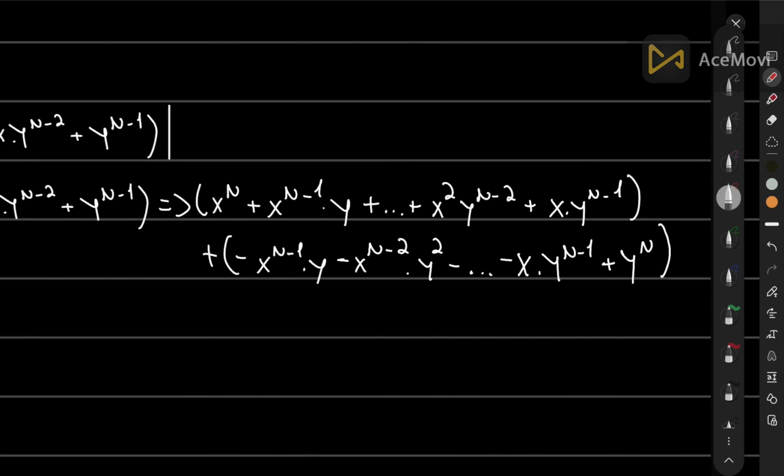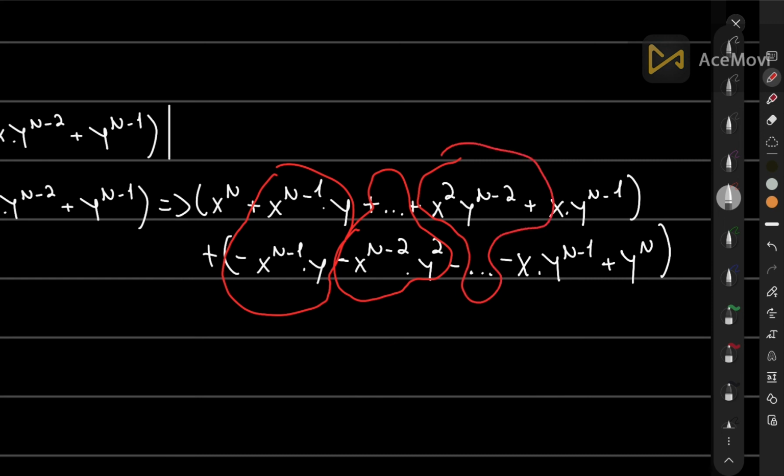So this is what we get. The terms are going to cancel out. So this one cancels out right here. This term cancels out with something that is right in the middle. This one will cancel out with this one in the middle, and this one cancels out right here.